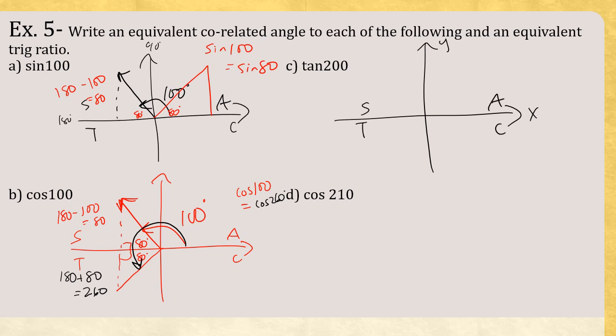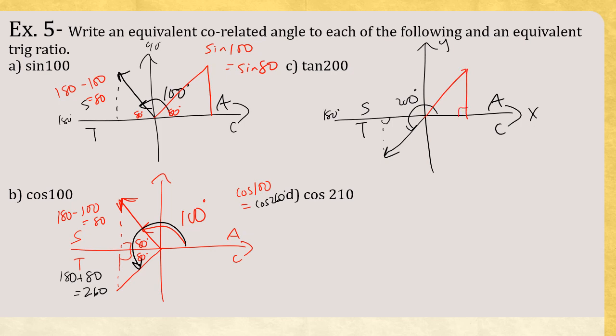CAST, tan 200. Where's 200? Well, if that's 180, 200 is down here. So there's 200 degrees. That is in the tan positive quadrant. So where else is tan positive? Tan is also positive in quadrant 1, right?